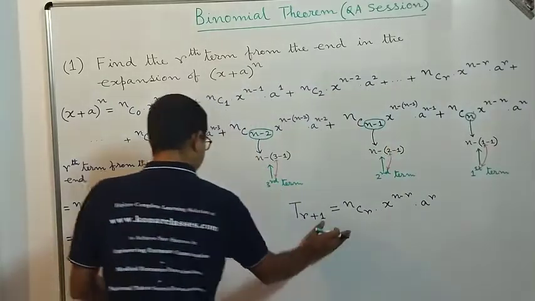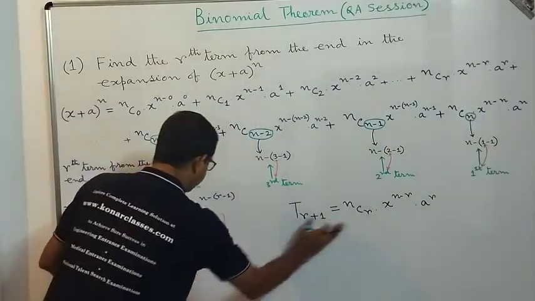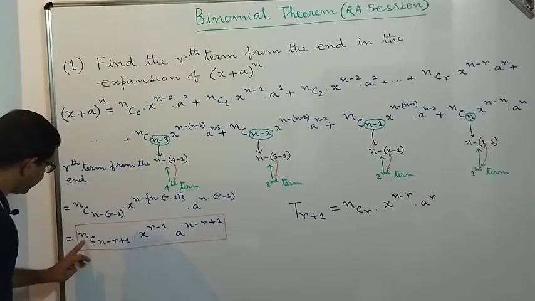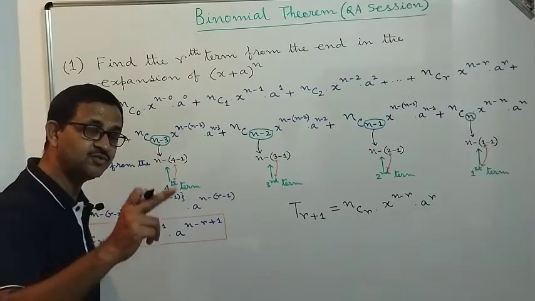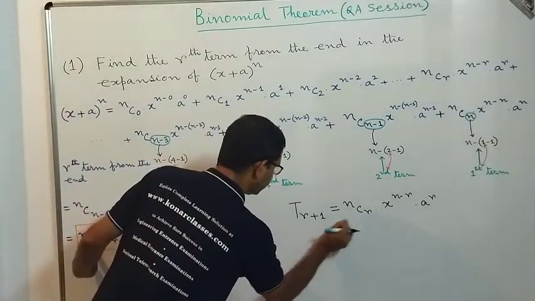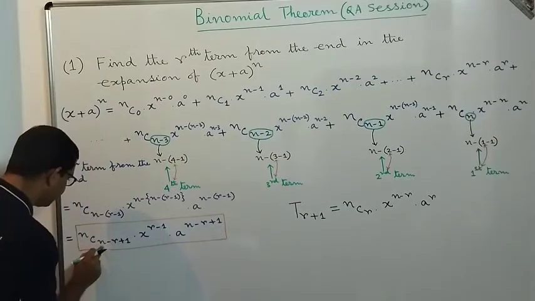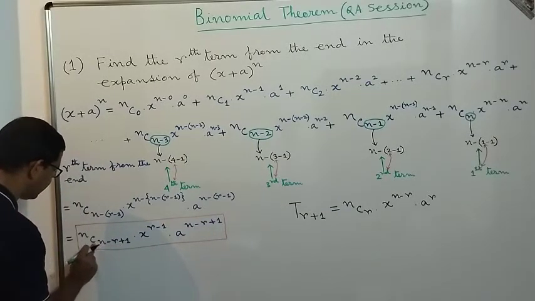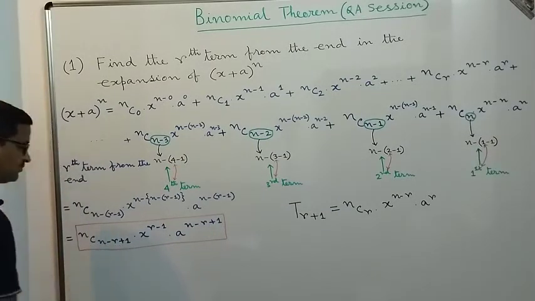Now if we match these two patterns, this term is nothing but the n minus r plus 2th term from the beginning. Because when it is r plus 1, it is r. So here it is n minus r plus 1, so obviously it has to be T(n minus r plus 2).